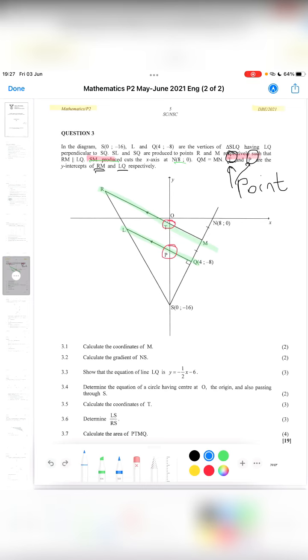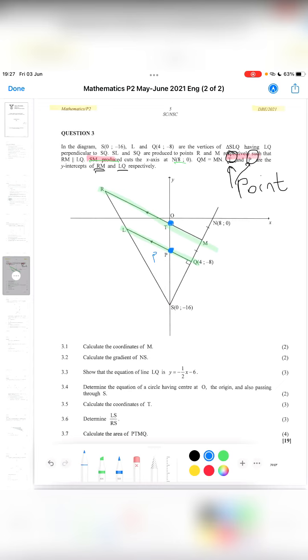But remember, guys, most importantly, when we talk about point T, we are talking about that point there. P could have been written somewhere there, but we know very well that this is the point that we're talking about, which is the y-intercept.